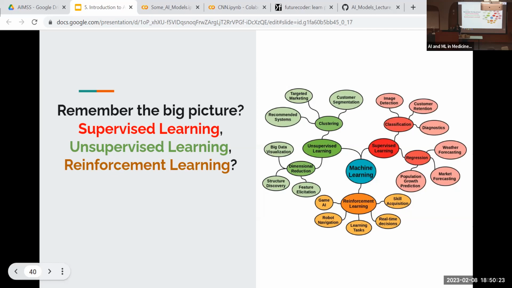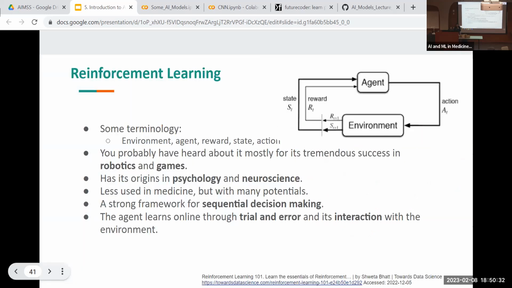And now let's briefly look at reinforcement learning, which is also an interesting field, and it has some applications in medicine. The idea in reinforcement learning is that we model the problem with an agent and an environment, and the goal of the agent is to perform well in the environment it is in.